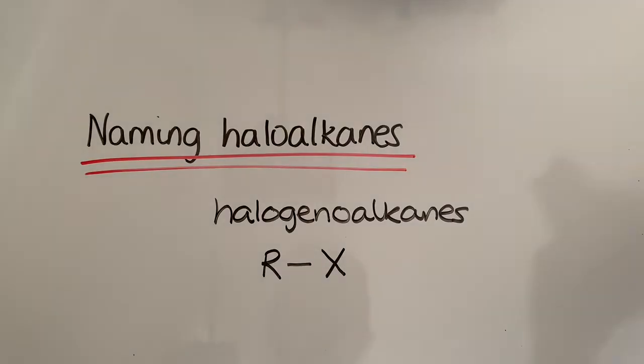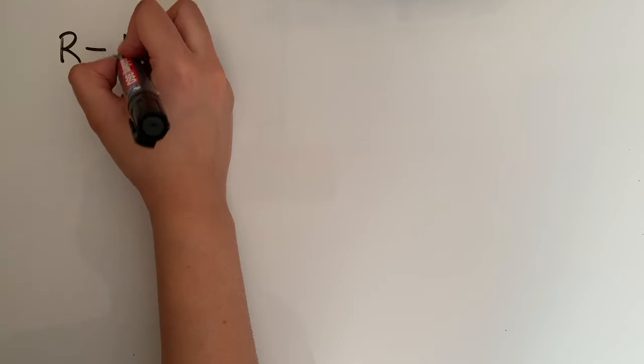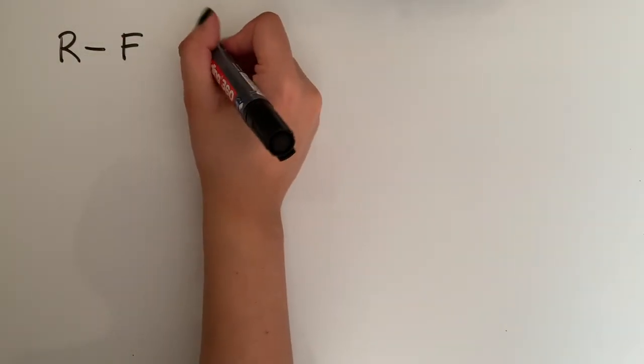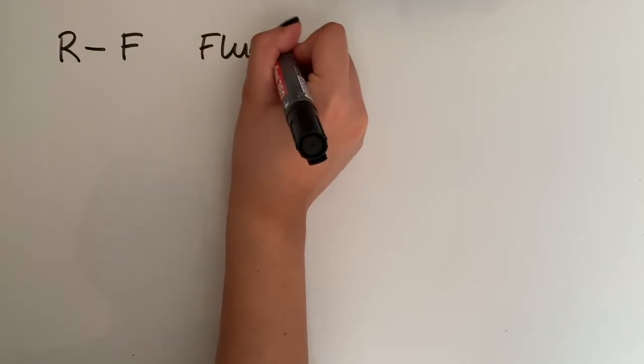So let's now have a look at how we name them. When we have any sort of group attached, so when we had alkyl groups, it'd be methyl, ethyl, and so on, there is a prefix for halogens as well. If we have a fluorine in the chain, that prefix becomes fluoro.